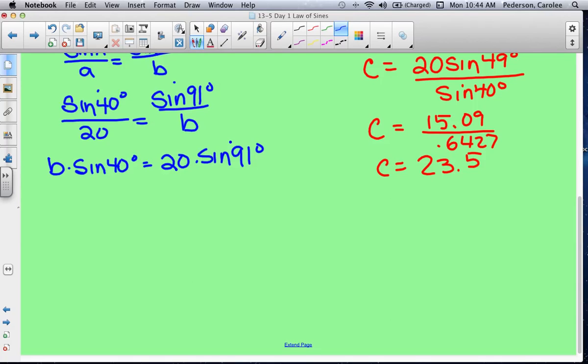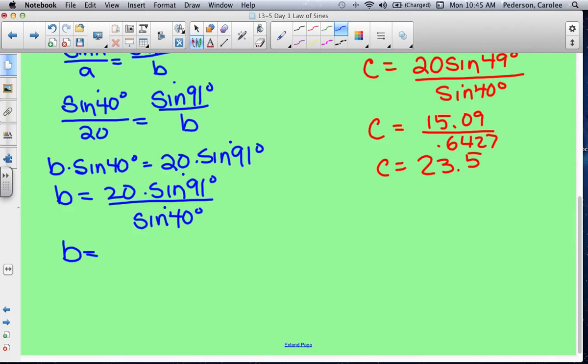So B times the sine of 40 degrees, and then 20 times the sine of 91 degrees. Then divide both sides by the sine of 40 degrees. Alright, so now use your calculator. 20 times the sine of 91 is 19.99 divided by the sine of 40, which is 0.6427. Divide those two numbers, and you get B to be approximately 31.1.